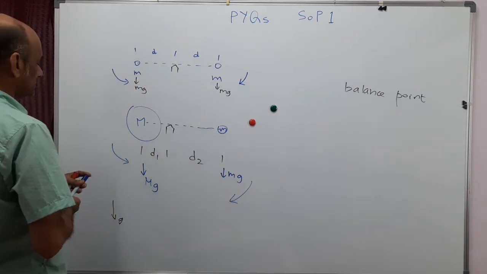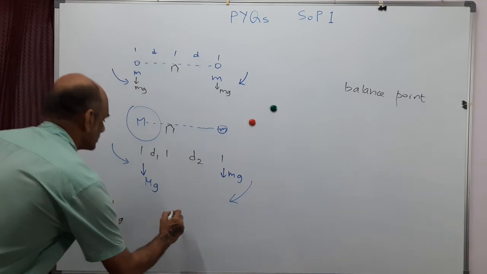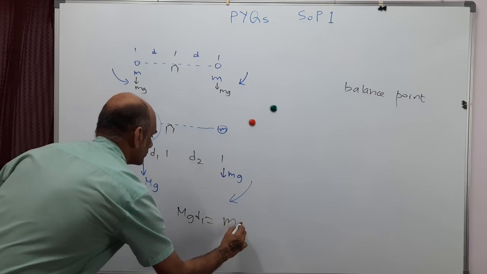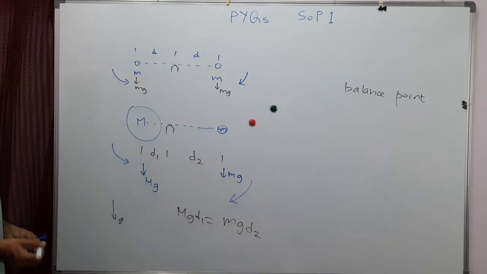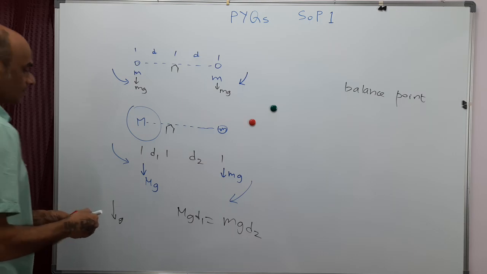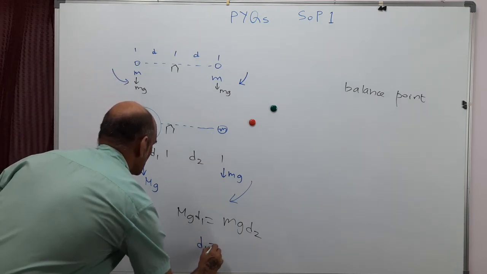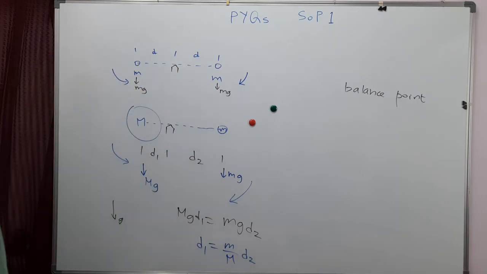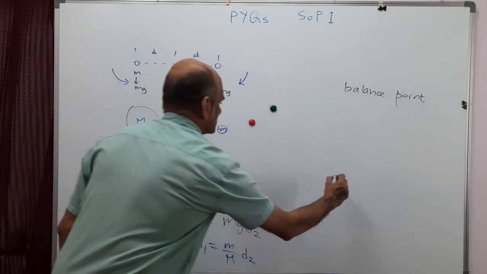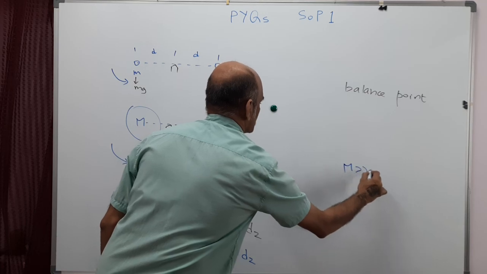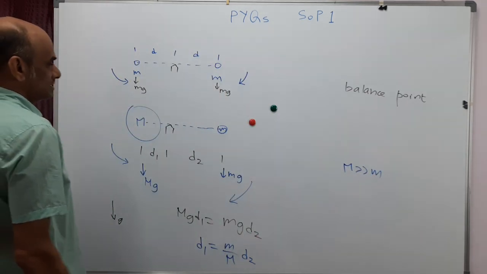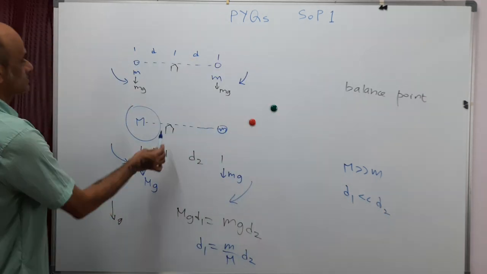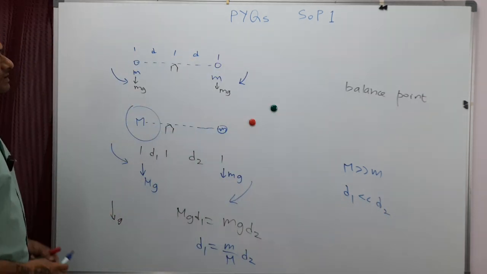For this to be the balance point, these two torques should be equal. So this gives d1 equal to m by the big mass into d2. So if the big mass is much heavier compared to the smaller mass, then d1 should be much less compared to d2. That means the balance point should be closer towards the heavier mass.